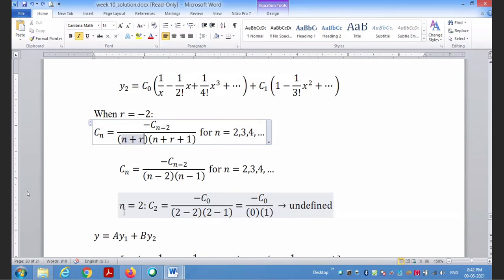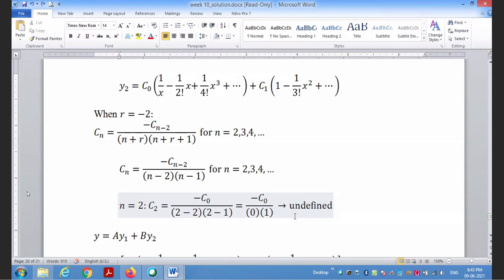When n equal to 2, we have C2 equal to minus C0 over, 2 minus 2 is 0, 0 over 2 minus 1, so minus C0 over 0 plus 1, 0 times 1 is 0. So minus C0 over 0 is undefined. Then you stop. Do not proceed. So when r equal to minus 2, we don't get any solutions.